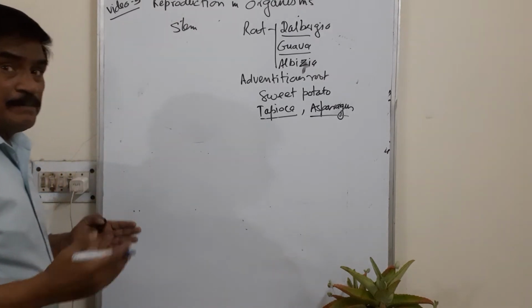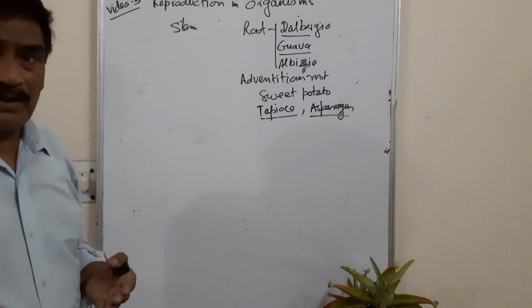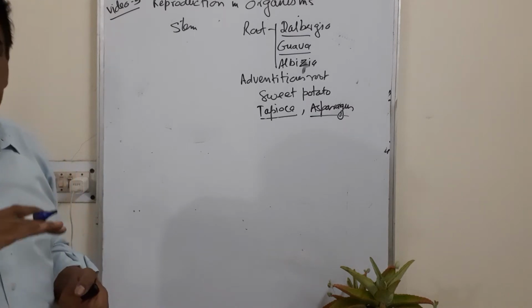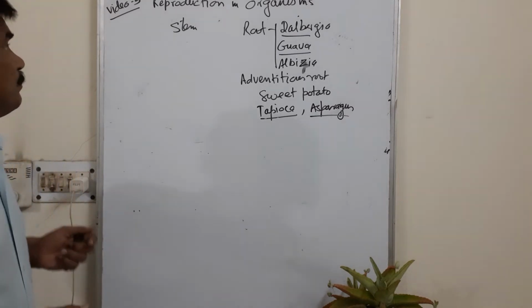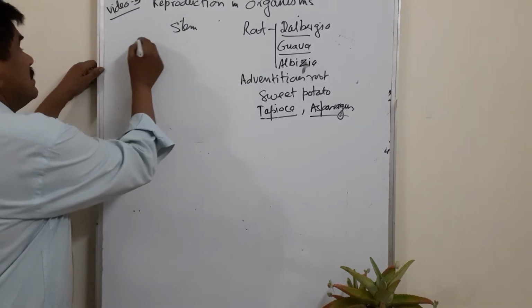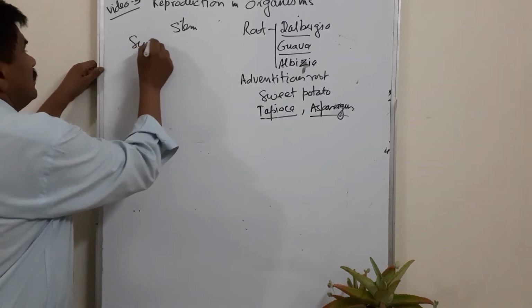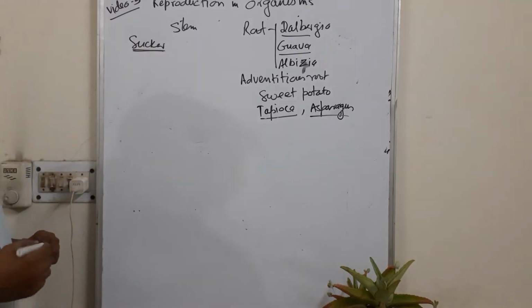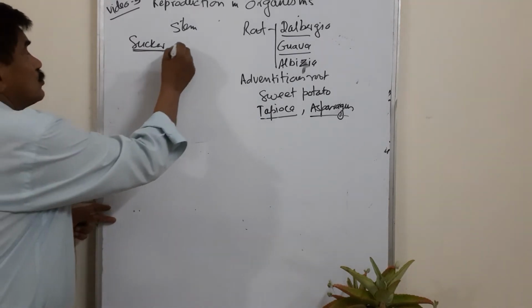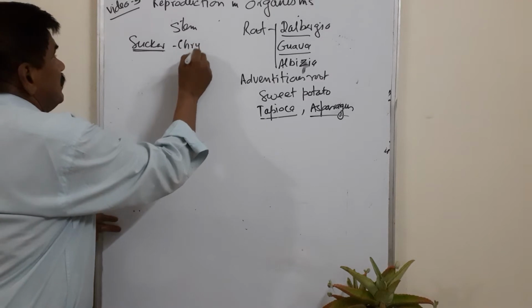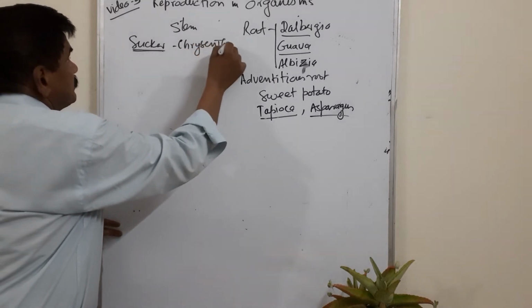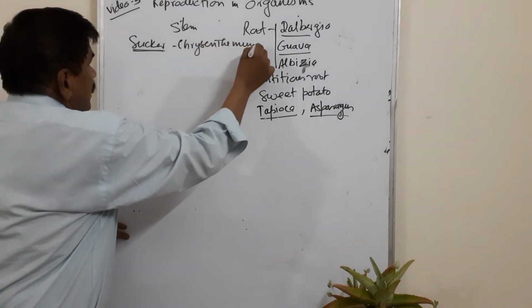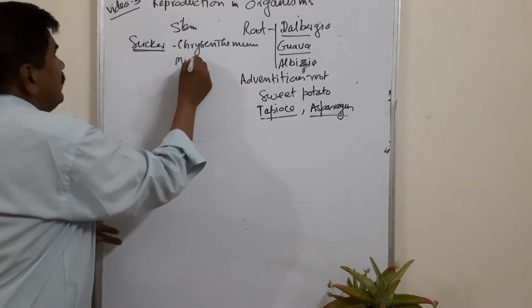You know, a large number of modified stems are found underground, aerial, subaerial. So, stem, that is, say sucker. Sucker is a very good modified stem. The example is chrysanthemum and mint.